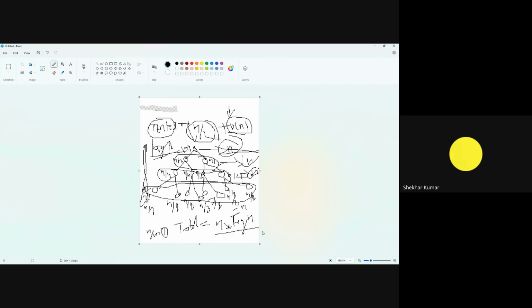You can see that n is the conquering and combining, merging time, and in every pass it takes n time, and the height of this tree is log of n. So the complete time will be n into log n. So the complexity of merge sort is n log n.